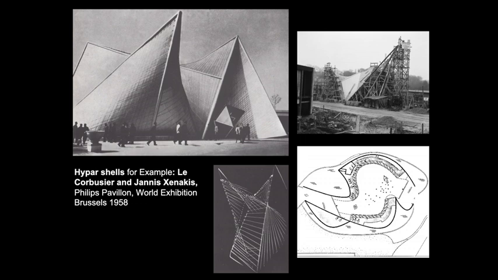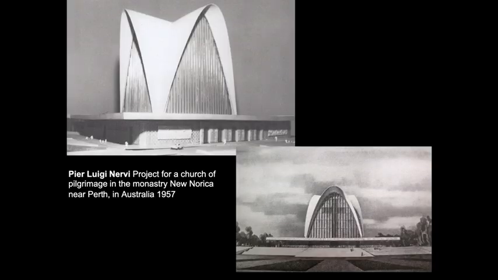But unfortunately, this pavilion does not exist anymore, so we have to look at this small ground plan. There are just a few pictures, and I don't know how to get these pictures, but this is a very interesting space. One year earlier, in 1957, the Italian architect and engineer Pier Luigi Nervi made studies for this church in a monastery, and this form is quite a bit easier.